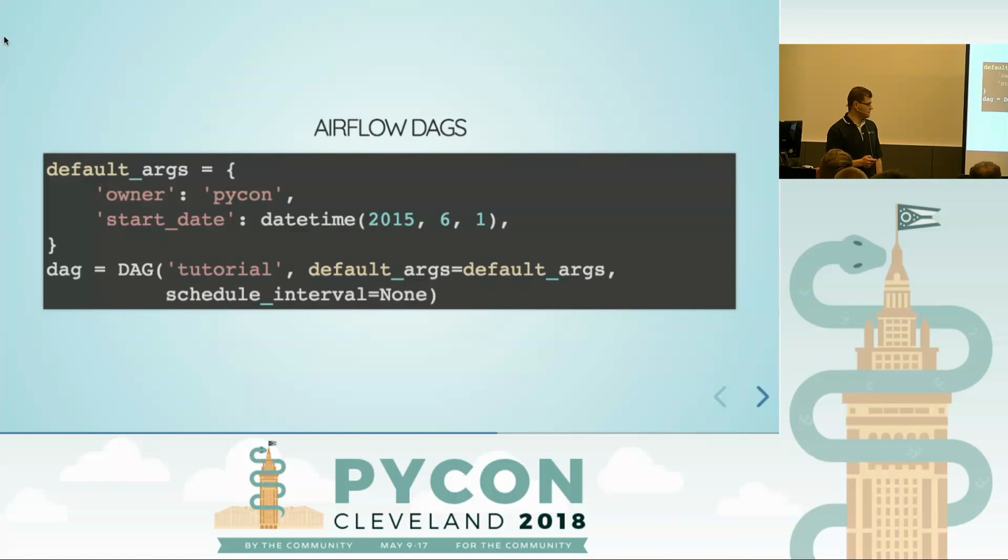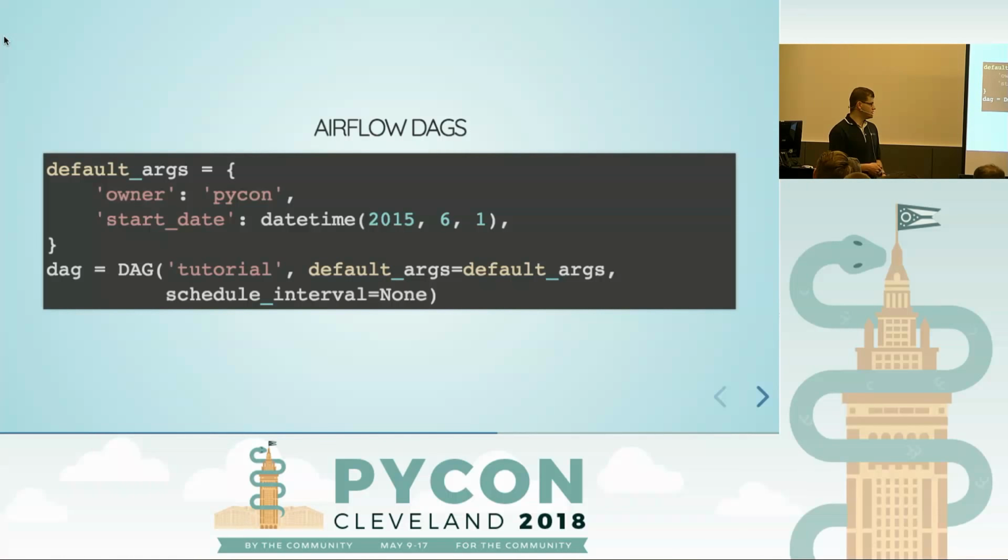You can see them in the documentation. But the two that you would have to pass in are this tutorial, and probably the default args. The last part I wanted to show you is this schedule interval. You pass schedule interval equals none, and the reason is that if you don't pass none here, and you set the start date, like we have here, a few years in the past, the default behavior is that Airflow is going to say, okay, I now have this DAG, and you told me you wanted it to start sometime a few years ago.